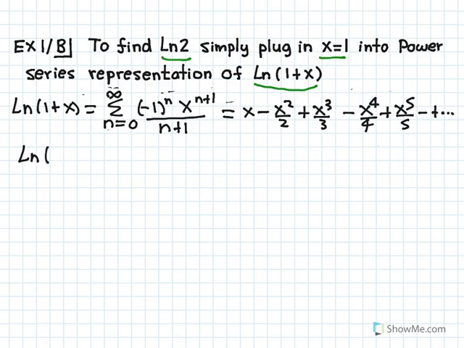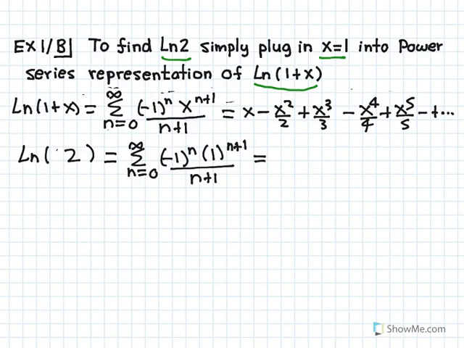We get log of 1 plus 1, which of course is 2, so let's just write it as log of 2. This is equal to the summation n equals 0 to infinity, negative 1 to the power of n times 1 to the power of n plus 1 divided by n plus 1, and this is equal to 1 minus 1/2, plugging in x equals 1, plus 1/3 minus 1/4, and so on.